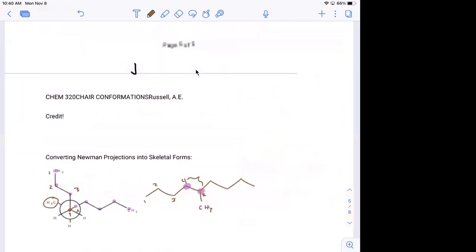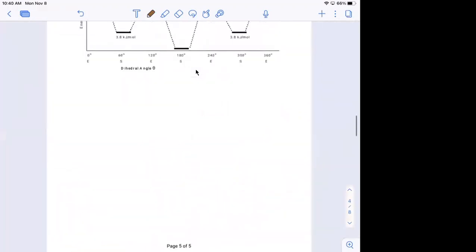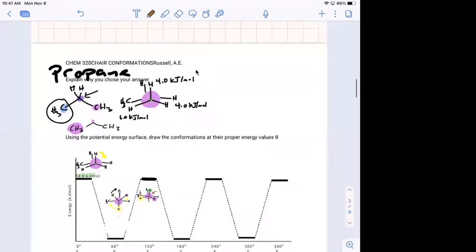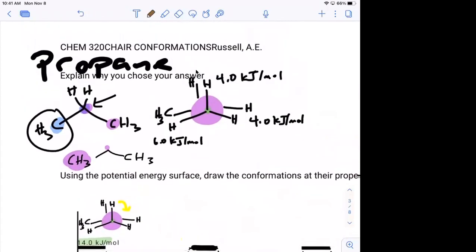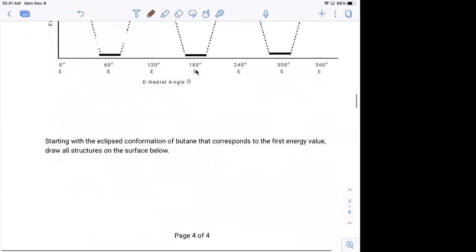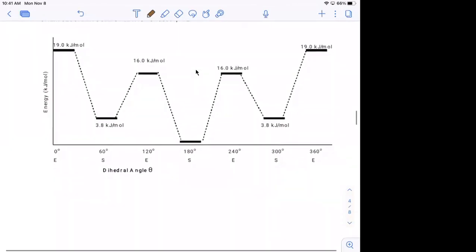So when we talk about propane, which we were doing up here, it's kind of similar, right? The only difference is the end of the chain, the terminus, is where we start because we don't have any other carbons to attach to that. But we will see that with butane, on this particular energy surface.